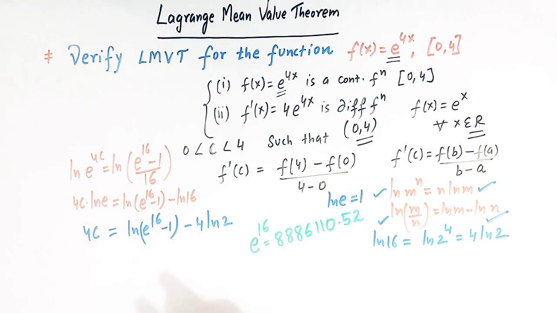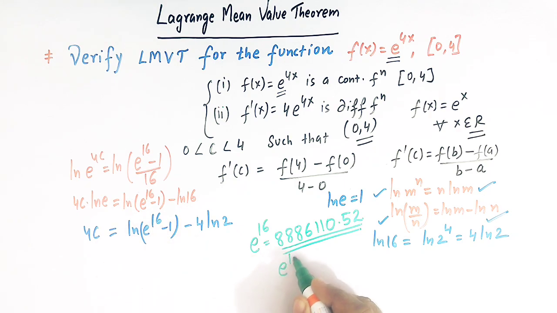So now viewers, here we have log of e raised to 16 minus 1, right? And if we see the value of e raised to 16, then this is a very large number, right? And then we have to subtract 1 from e raised to 16.